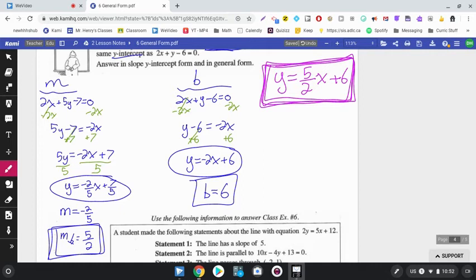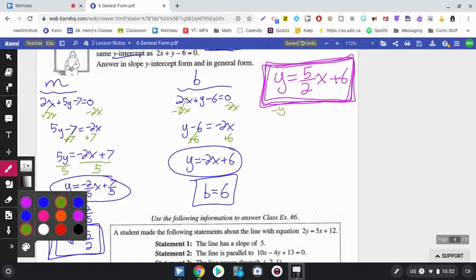So what I then have to do is a little bit of rearranging. I'll move the y over and we'll find it in the other form as well. 0 equals 5/2 x minus y plus 6. With putting something in general form, I had to make sure there was all on one side. Good. And now I have to get rid of any fractions.